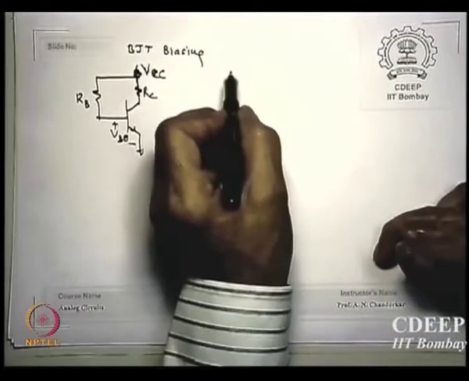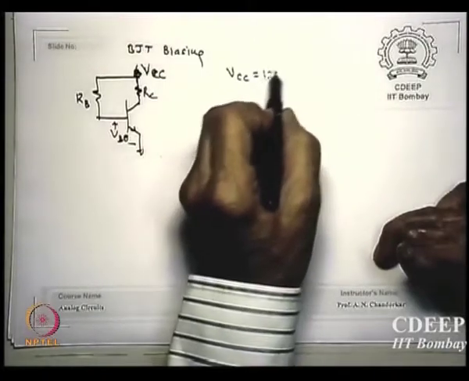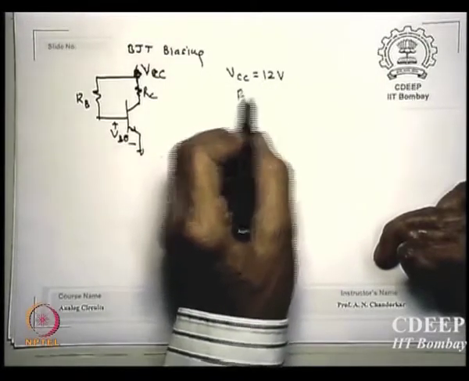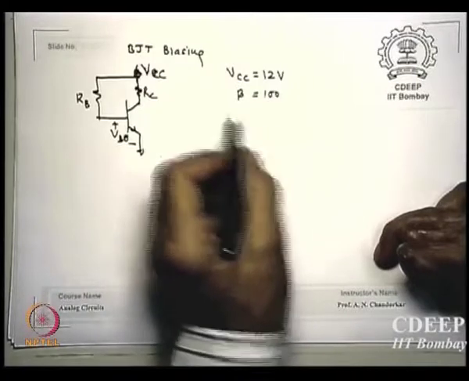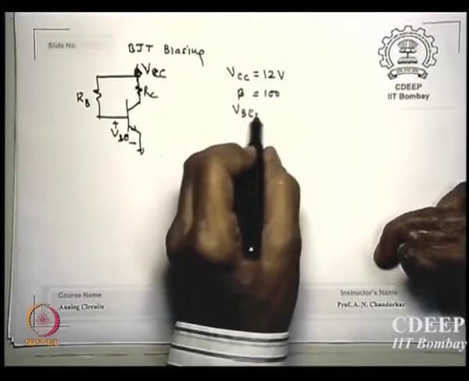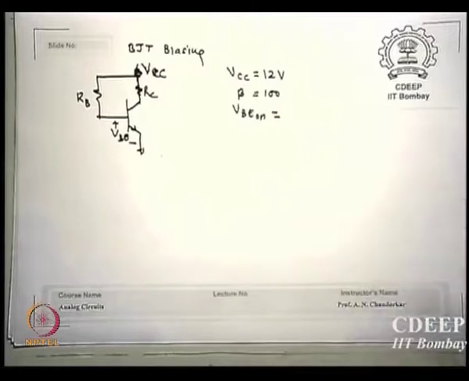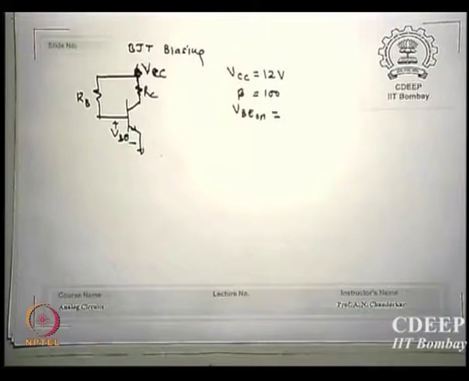Let us take a case where VCC is say 12 volt, I have chosen some value, and beta is 100 for the sake of it. And what is VBE? We shall always assume in bipolar 0.7. What is the criterion we chose? That is the value at which the base emitter junction is sufficiently forward biased such that some emitter collector currents are available to us. 0.6 is just turn on, 0.75 is saturation, so we must remain between 0.65 and 0.75, which is 0.7.